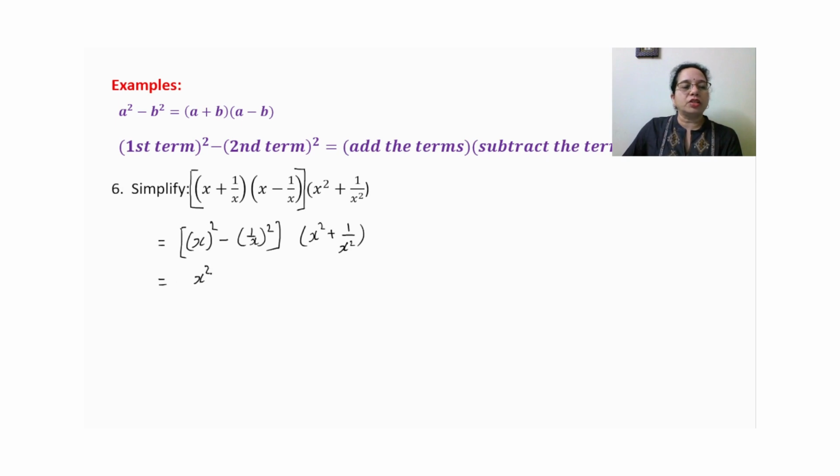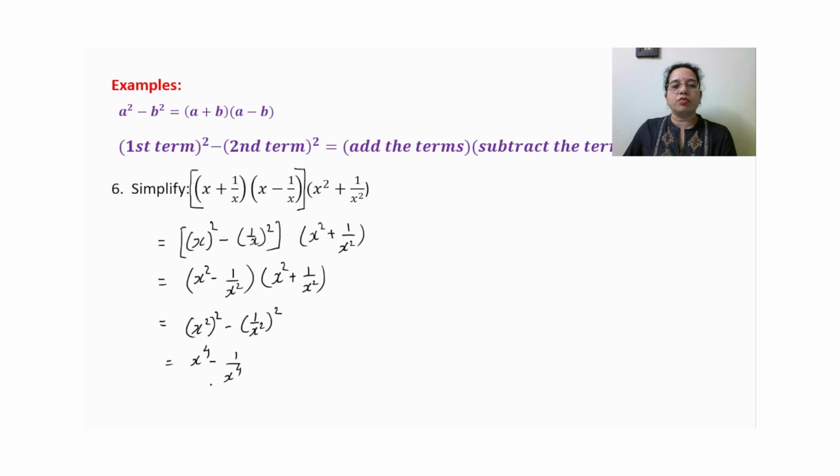So you will get x square minus 1 upon x square. Write down this also in bracket, and the second bracket note down as it is. Now again we can check, your first term is same, second term is same, middle signs are different. Means once again you can use the third identity, that is first term whole square minus second term whole square. So this will give you x raised to the power 4 minus 1 upon x raised to the power 4.